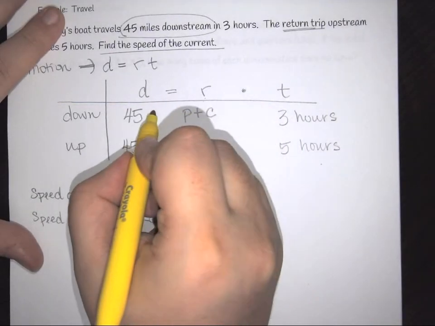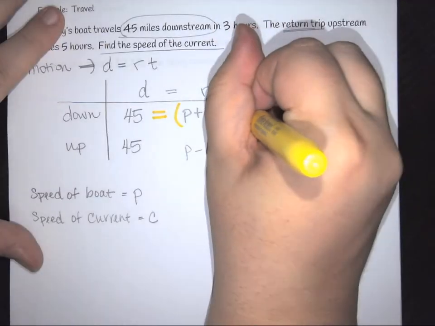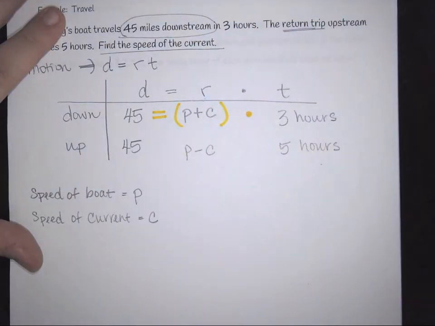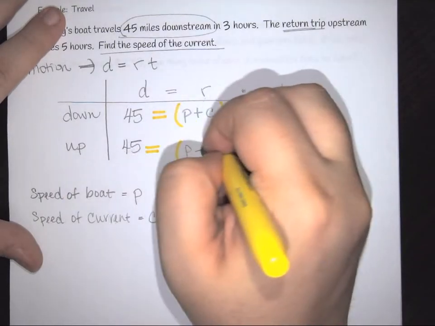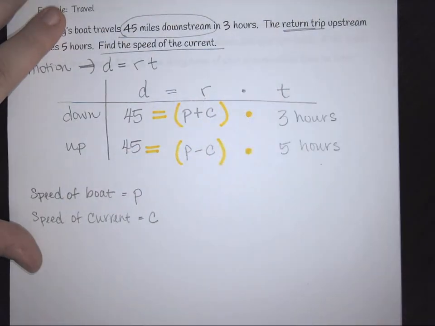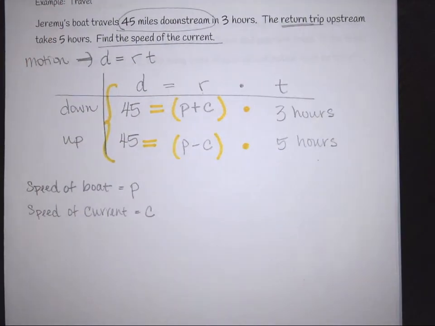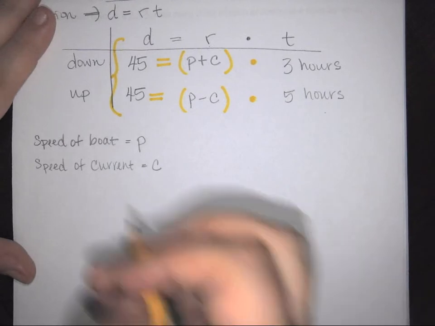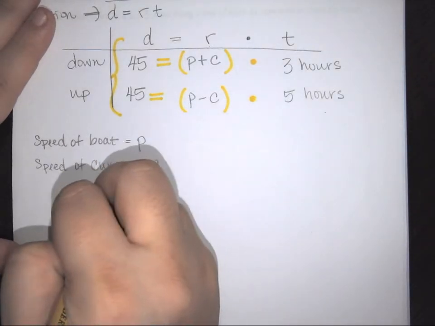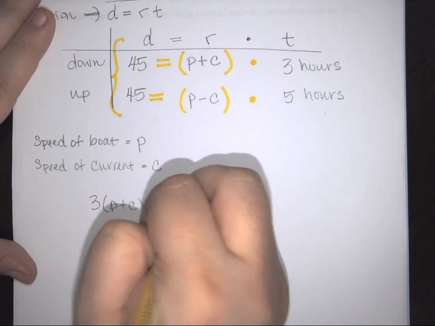So if you look closely, we have our system. My distance has to equal my rate times my hours. The same for the bottom: my upstream is going to be my rate times the hours. And this is my system of equations. So what do we actually have here? Well, we have 3 times P plus C equals 45.